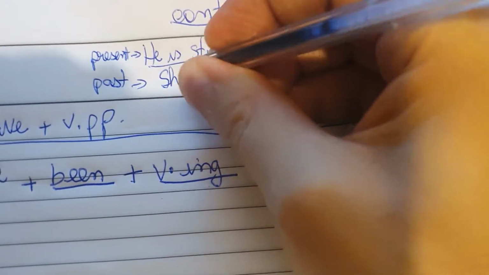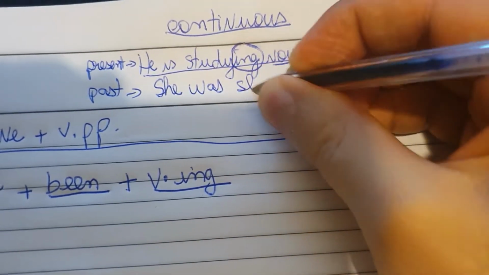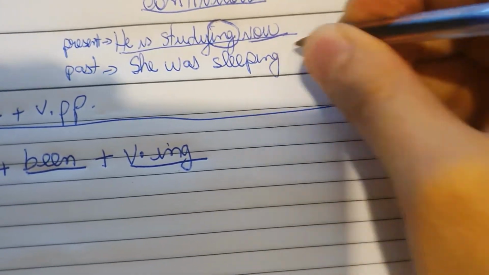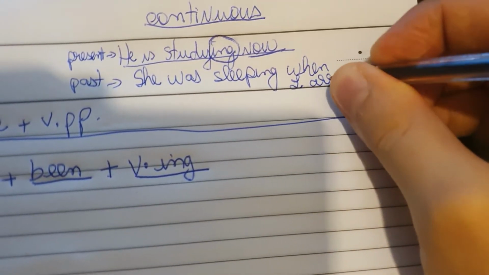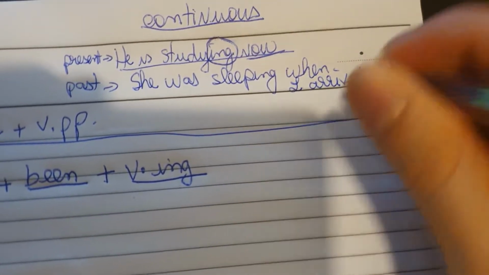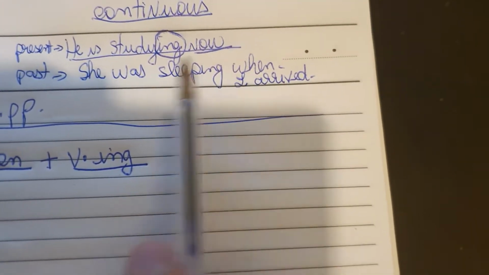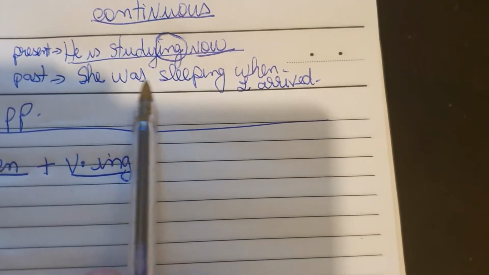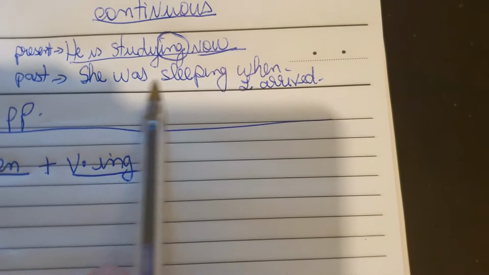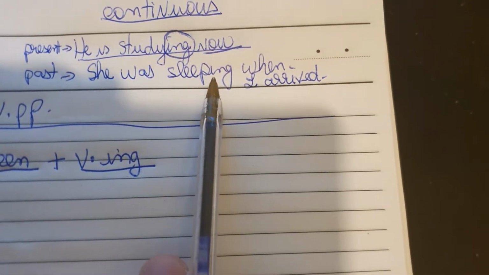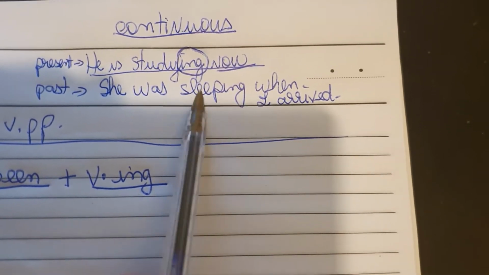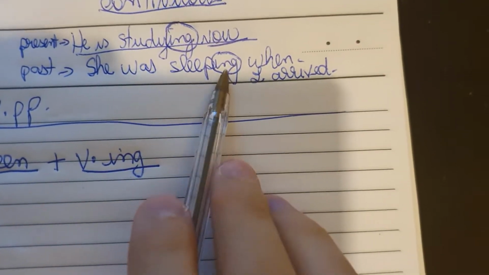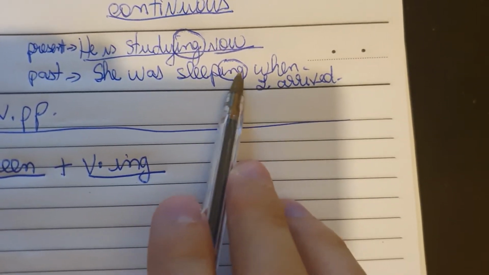For example, she was sleeping when I arrived. Remember this structure. You have two actions in the past. The action which is continuous happens first, and then you have a second action in the simple past, right? And in the past continuous, you use the main verb followed by ing.